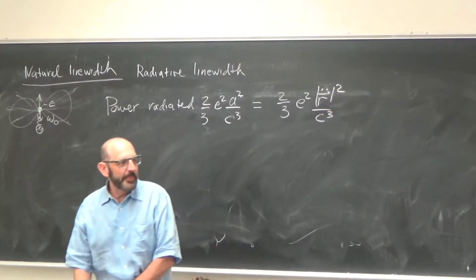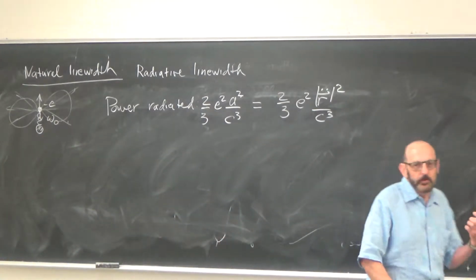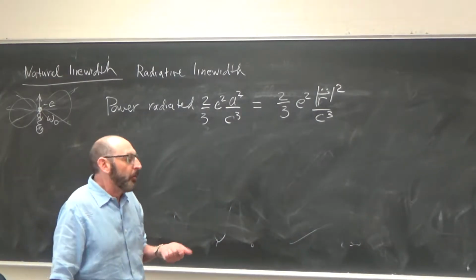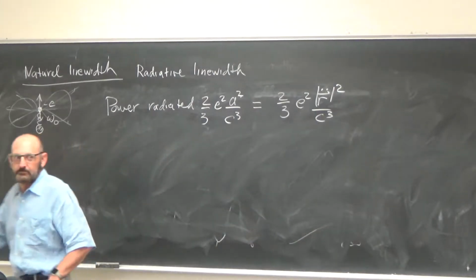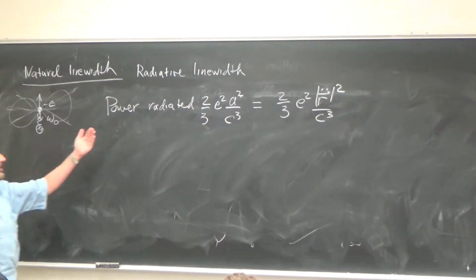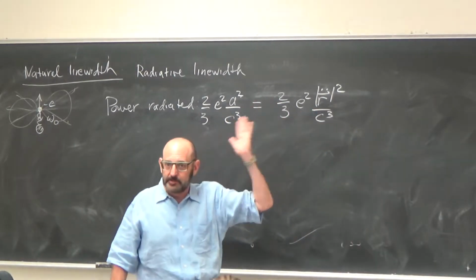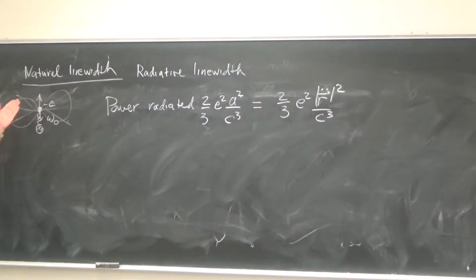Okay. So that's the amount of energy radiated per unit time by this oscillating charge. Where did that energy come from? It comes from the kinetic energy of the motion of the charge. So if the electromagnetic field is carrying off this amount of energy, the motion of the electron must be damped.